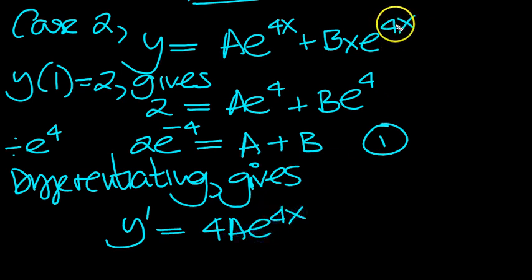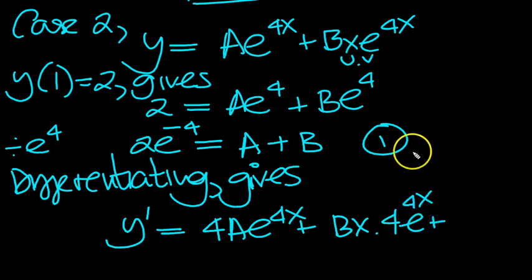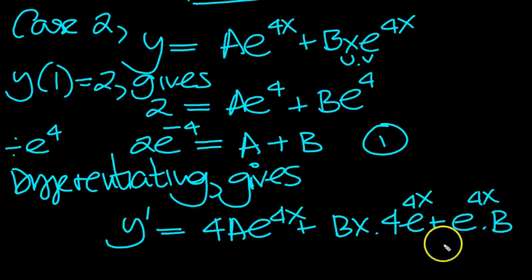And similarly, this is a product, u times v, but the same process applies to this e to the 4x. So it's u times v dx, so that's 4e to the 4x, plus v e to the 4x times du dx, which is b.